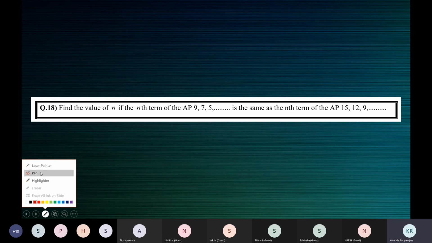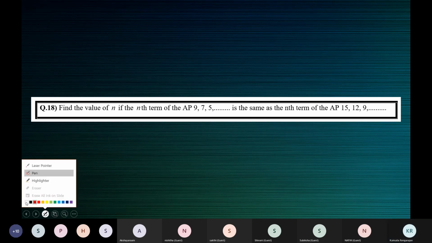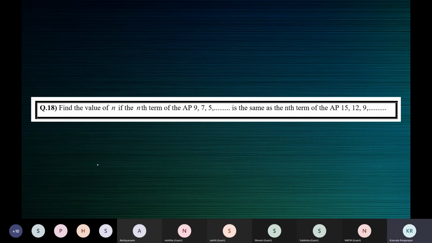Shouldn't take this long. What is given, children? What is given?